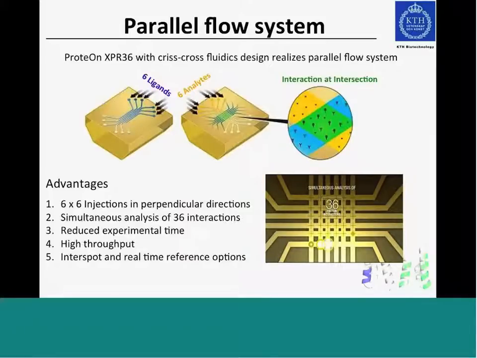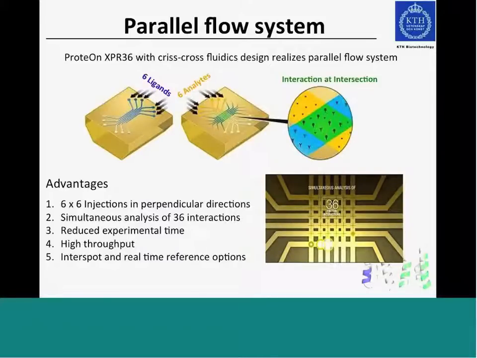So it's a perpendicular array where you have 6 channels in one horizontal axis and 6 vertical channels, which allows simultaneous monitoring of 36 interaction spots where those channels meet. And this leads to reduced experimental time, higher throughput, and since you have spots that only met ligand or analyte, this can also be used for real-time referencing.